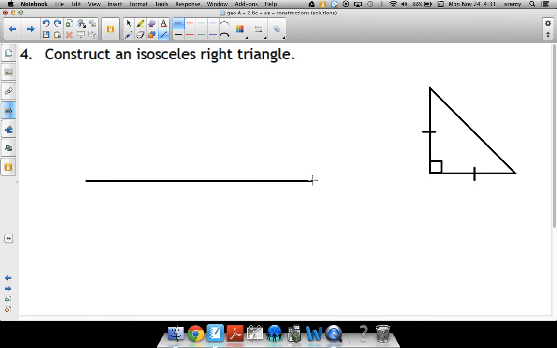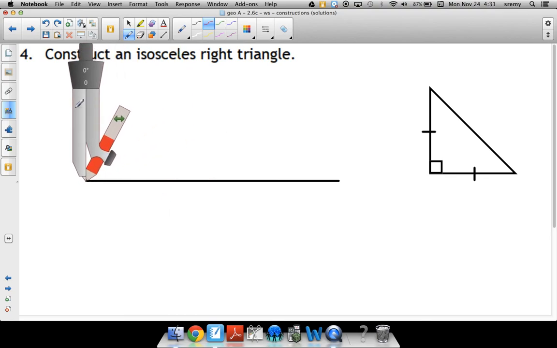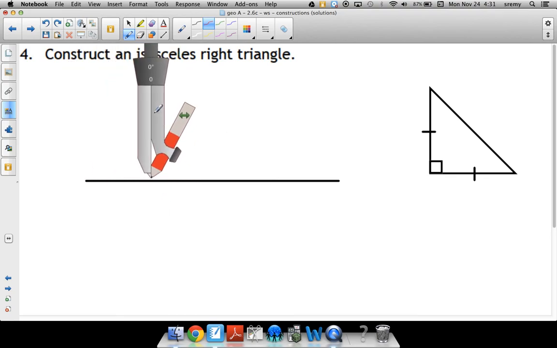So I'm going to start with a segment larger than what I need, and I need to create that perpendicular. So I will do a perpendicular bisector. Let's see. Grab my compass. Alright, now I'm not going to bisect this entire thing. You know what? I'm just going to start from here, and I'm going to make my segment that big.